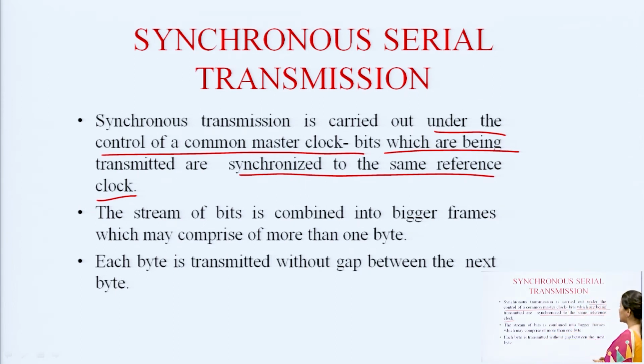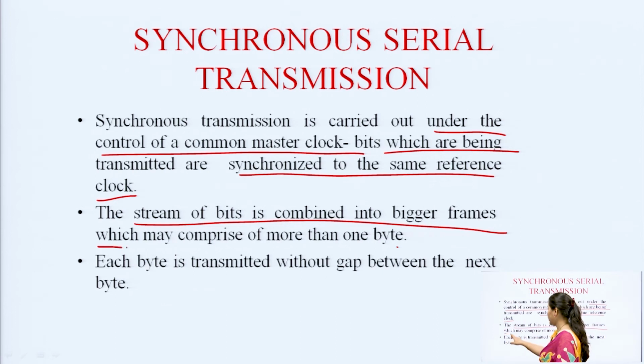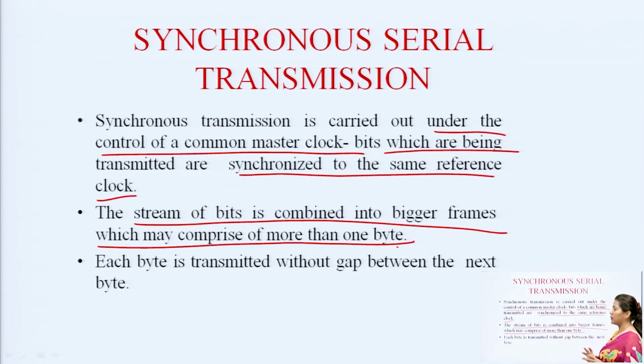The stream of bits is combined into bigger frames which may comprise more than one byte. This is another important point, that multiple bytes can be sent in the bigger frames. It is not like in the case of asynchronous, where we were sending only one byte at a time and between the different bytes there was a certain gap.